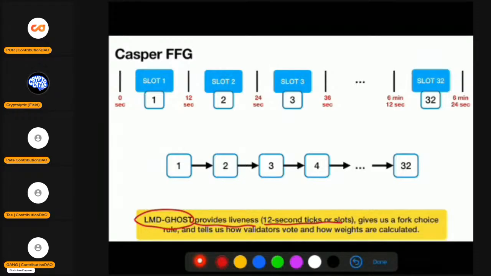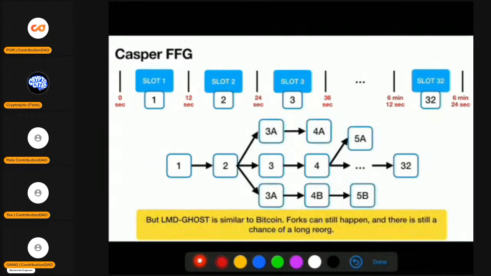Even if a slot is empty, it keeps producing, and that is why it ensures liveness. It can also have forks, and the fork choice rule, how validators vote for blocks and how we assign weight to each block, is handled by LMD GHOST.